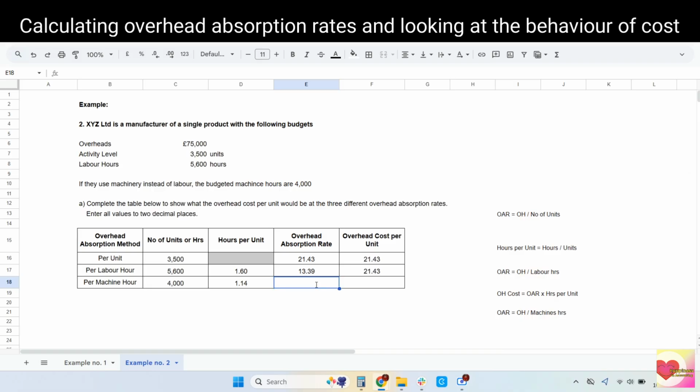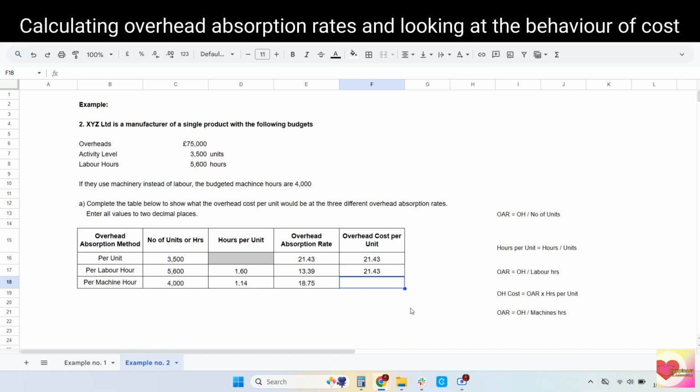So this is our OAR. Next column, overhead cost per unit. We cannot put the OAR here as well for the same reason that it doesn't always take 1 hour to produce 1 unit. So in this example, it takes 1.14 hours to produce 1 unit.